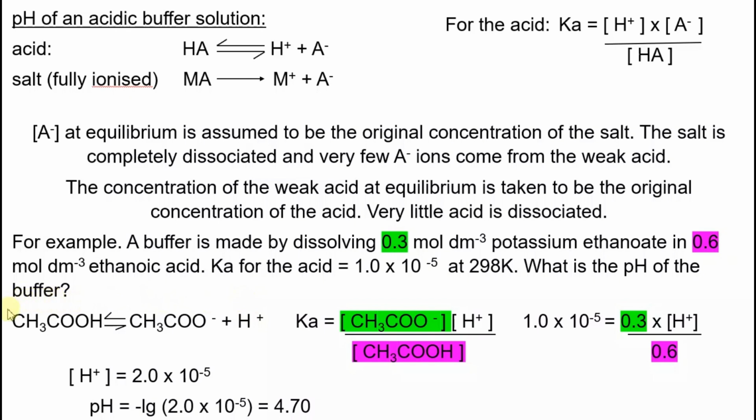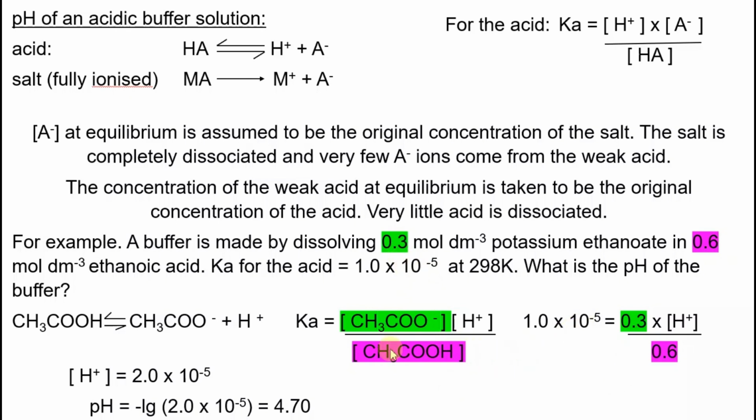Okay, so here's my equation for the very partial ionization of the weak acid. Here's my Ka expression for the weak acid. Now I'm substituting the value for the ethanoate ions CH3COO- as being 0.3.